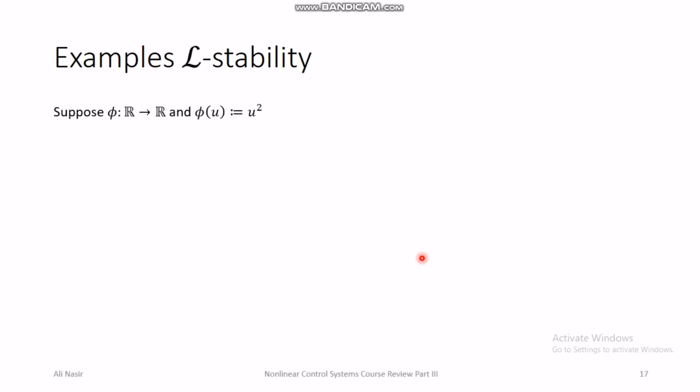Now suppose we have a nonlinearity where the output is equal to u squared. Let u of t be equal to 1 over square root of 1 minus t for t between 0 and 1, and u of t equal to 0 for t greater than 1.